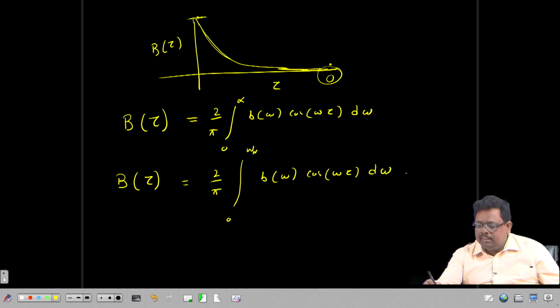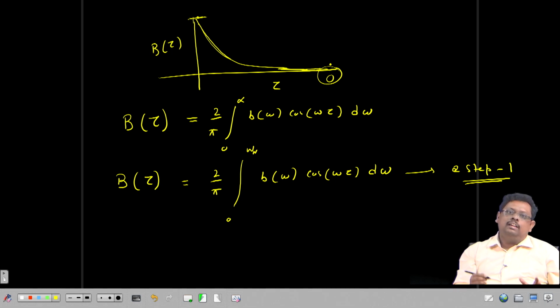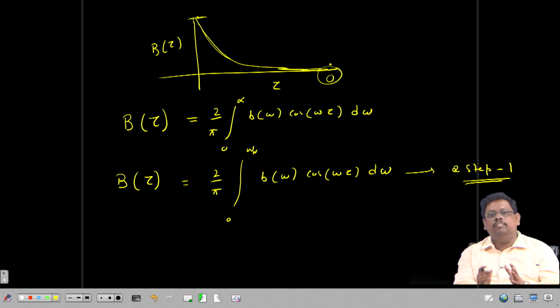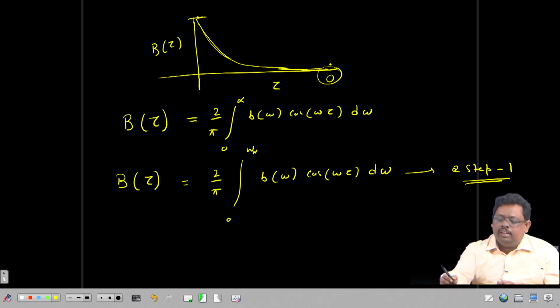So this is my step 1, realizing that the graph of b omega cannot be infinitely long, it should truncate. I should truncate at some point where the value of b omega is very close to 0.